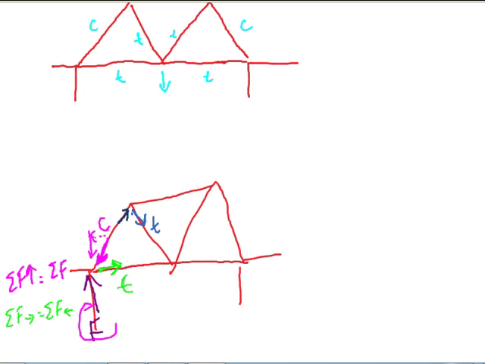That one must have a downward component. And if we notice, our compression in the left beam and the tension in the right beam are both acting to the right. Based on that, we must have a reaction force acting to the left to balance those two out, therefore putting that in compression.